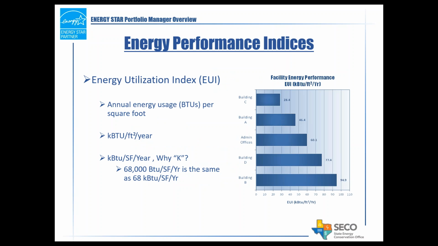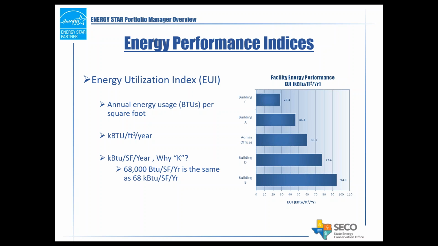Let's go over one of the fundamentals of energy management and benchmarking, the Energy Utilization Index, and the other one, the Energy Cost Index. The Energy Utilization Index is annual energy use in BTUs per square foot. In Portfolio Manager, they use kBTUs per square foot per year. The reason for the K is that if you just look at BTUs, there are a lot of zeros associated with it.